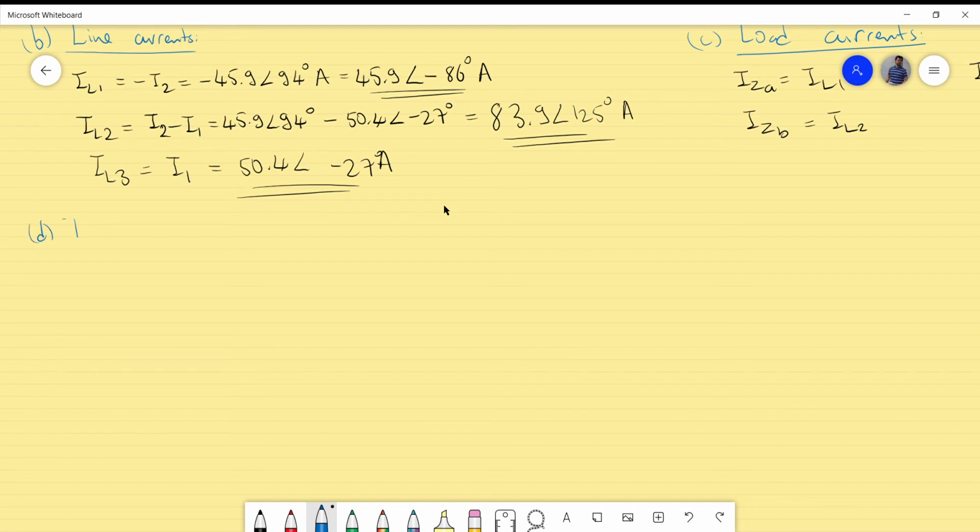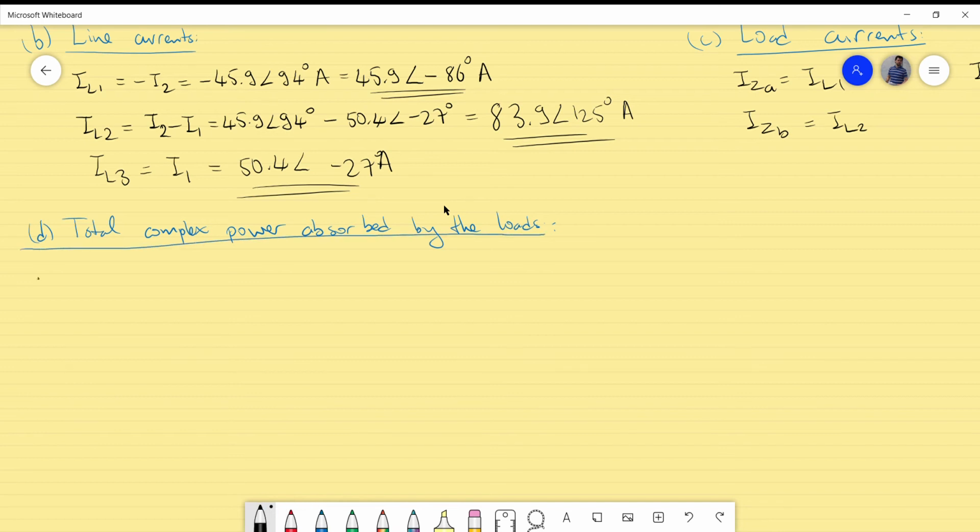Total complex power absorbed by the loads. Now, if you look at the loads, we have 3 loads. So what you can say is the following.